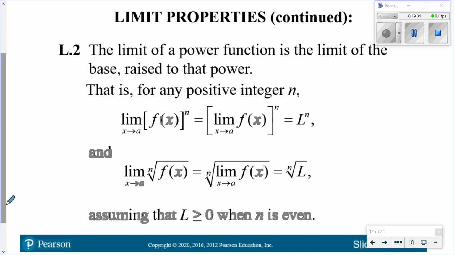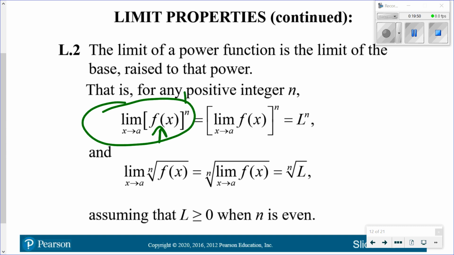Okay, some of these limit properties you're going to use without even knowing you're using them. So the limit of a power function is the limit of the base raised to that power. For example, if I'm taking the limit of some function raised to a power, what I can do is take the limit of the function, get the answer for the limit, and raise that limit to the power.